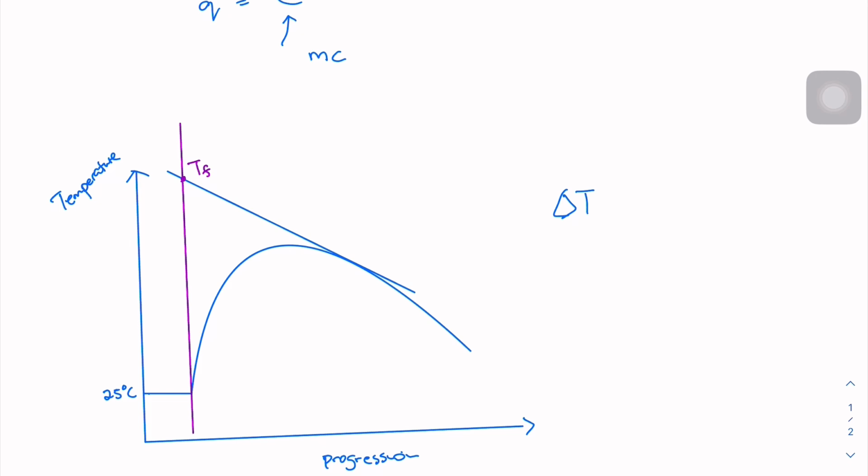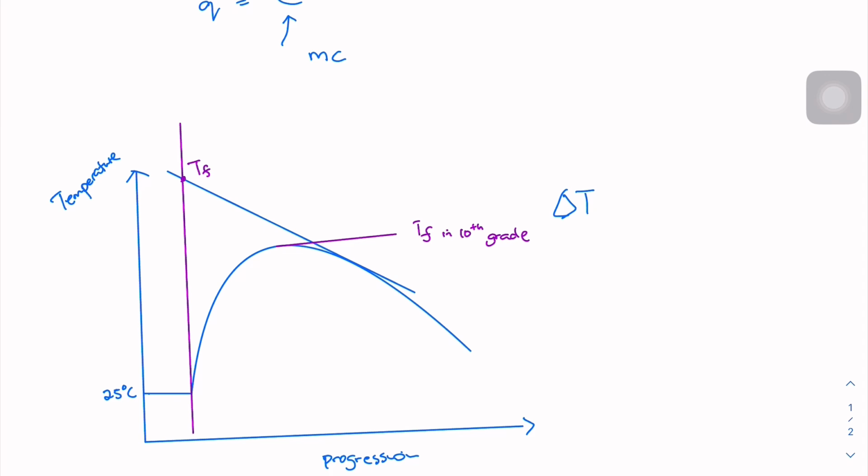Note that if we had not extrapolated, what we did in 10th grade, for instance, we just looked for the highest temperature that we reached, and we said that was our T final. In 11th grade and 12th grade, we are upping our game, so we are using this technique of extrapolating to find the final temperature.